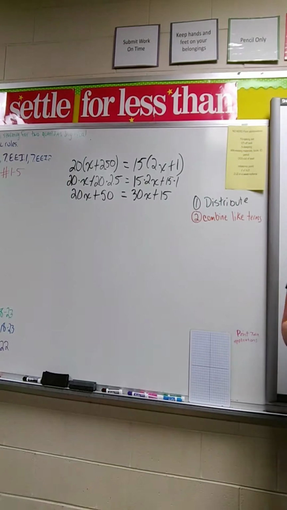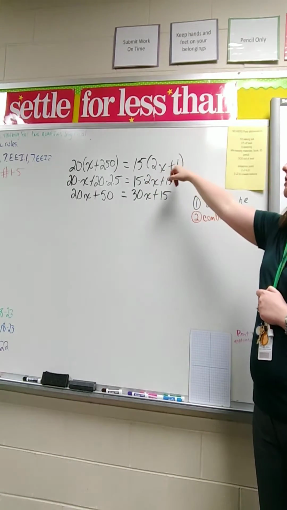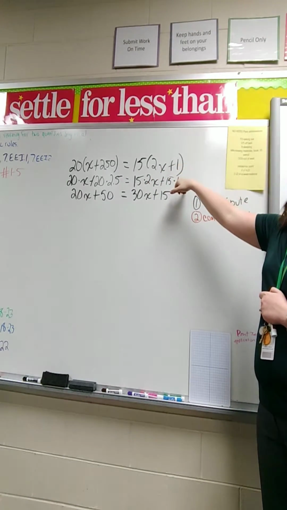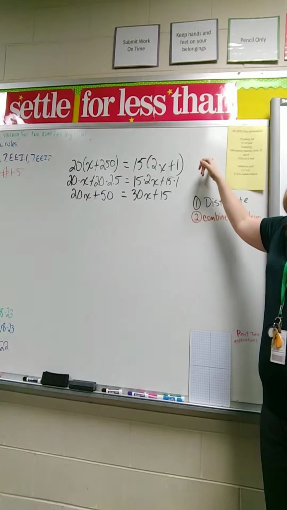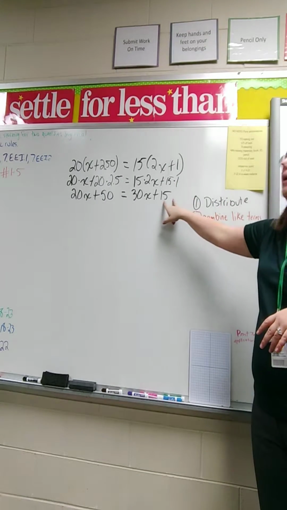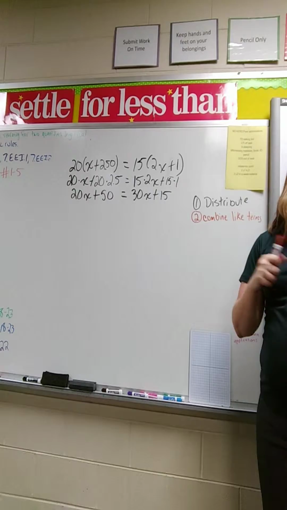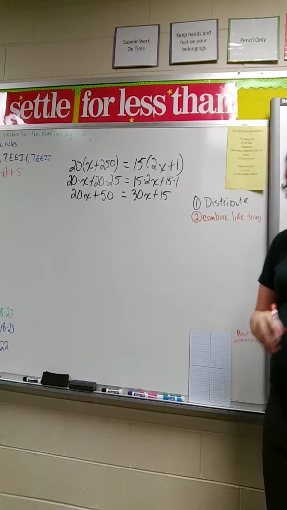In this problem, we don't have any like terms that we need to combine. But we could have had 15 times the quantity 2x plus 1, close that quantity, then say plus 12. Then we would want to combine the 15 and the 12. So we don't have to do that step this time.